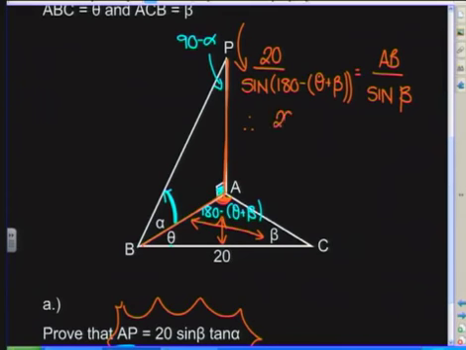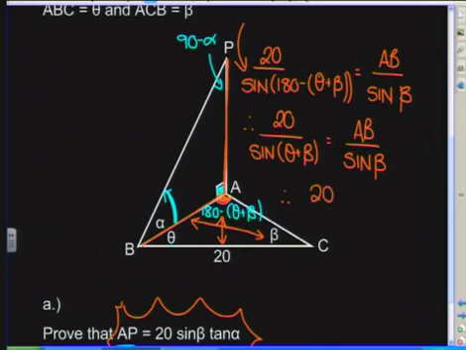So we've got 20 over sine of 180 minus, which is quadrant 2, so it's just theta plus beta, and it's equal to AB over sine beta. So finally, I'm going to bring that up to the top. So 20 sine beta over sine of theta plus beta is equal to AB.